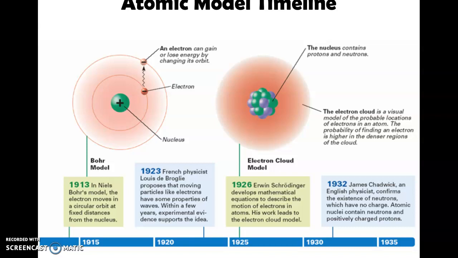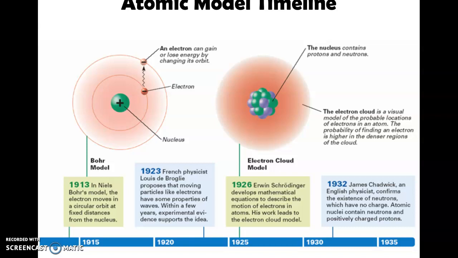We're going to skip forward a little bit more through the years. You had Schrodinger, right? Schrodinger came in and gave us a mathematical equation to describe the motion of electrons in atoms, and his work leads us to what we call the electron cloud model. And so if you notice in the diagram there, the electron cloud is a visual model of the probable locations of electrons in an atom.